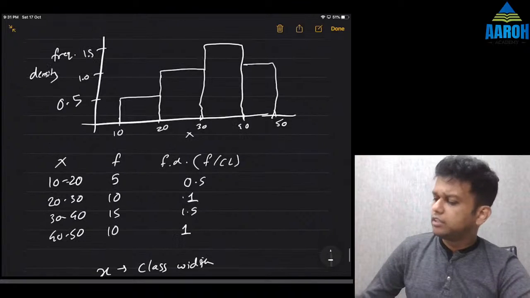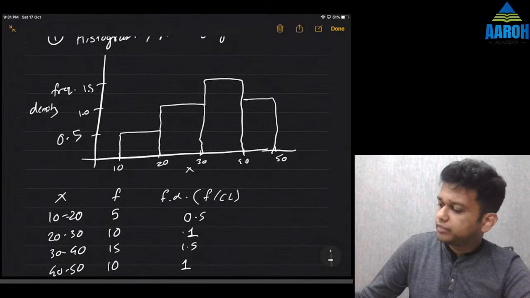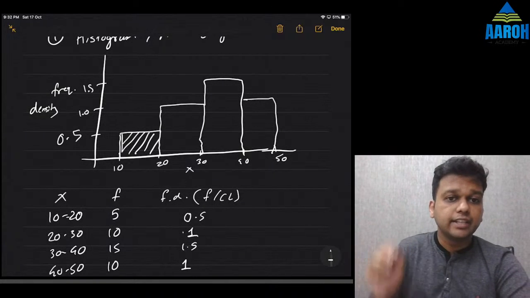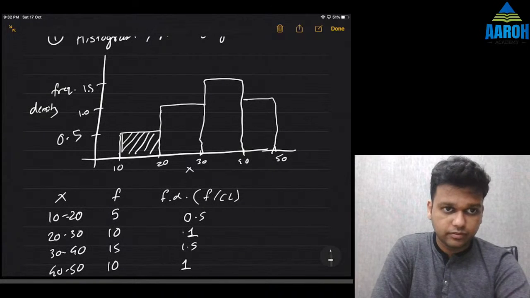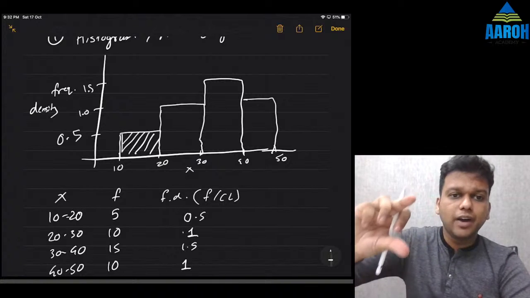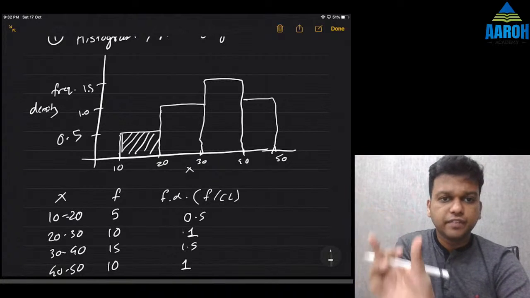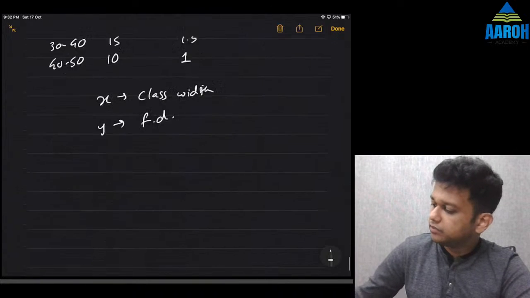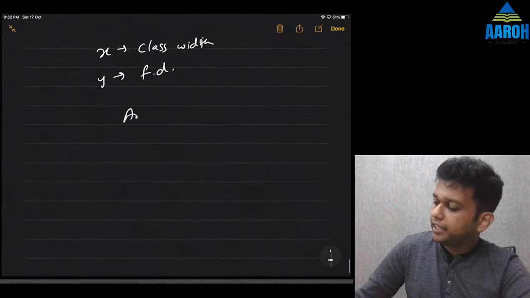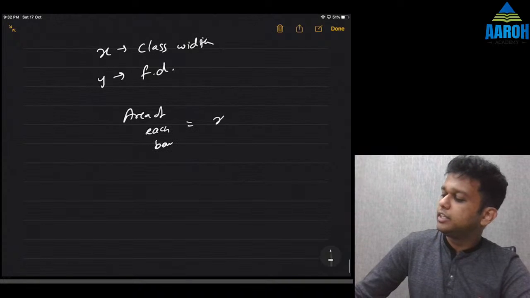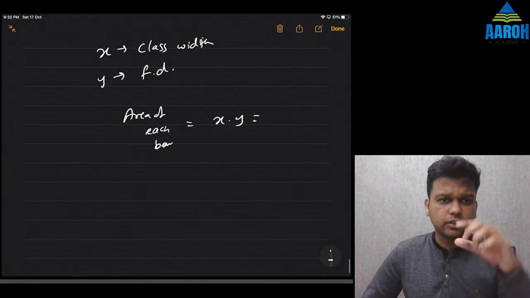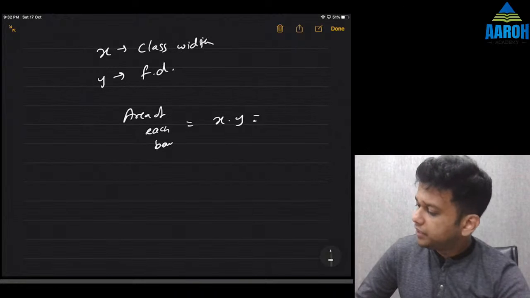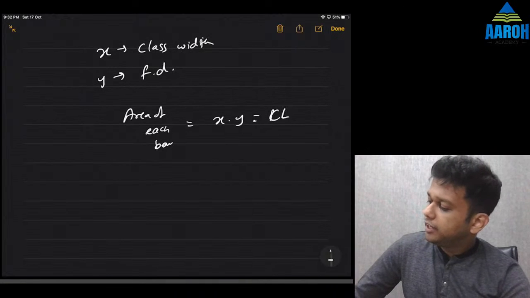Understand very carefully. For each of these bars or rectangles, its area can be calculated as length into breadth. That means x-axis into y-axis, which is class width into frequency density. Base into height.